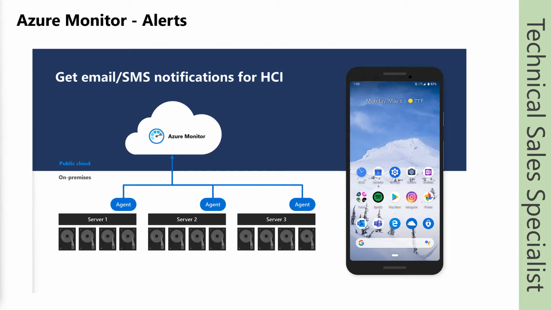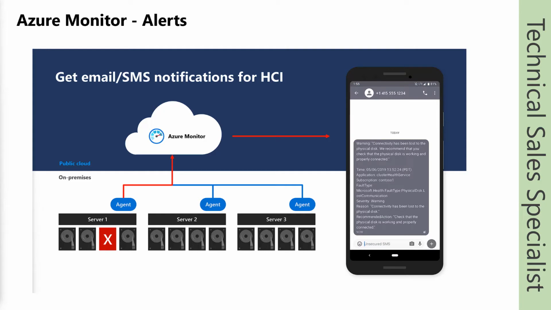And so if, for example, a disk drive fails in one of these servers, we will not only see it in the Windows Admin Center dashboard, because as you have seen in previous modules, we get status information in the Windows Admin Center dashboard about status of disks, of servers and services. But via Azure Monitor, we can provide an automated alerting, for example, via email.